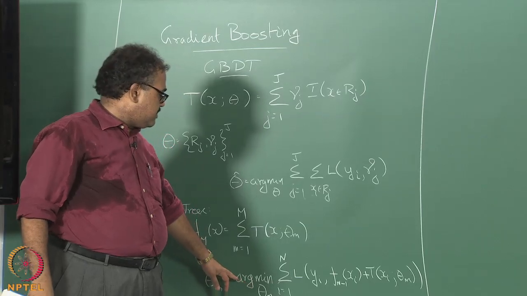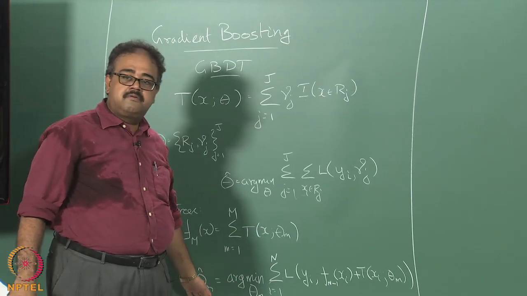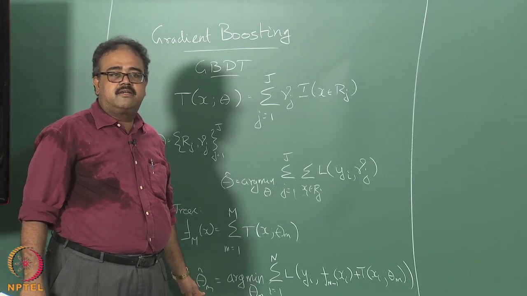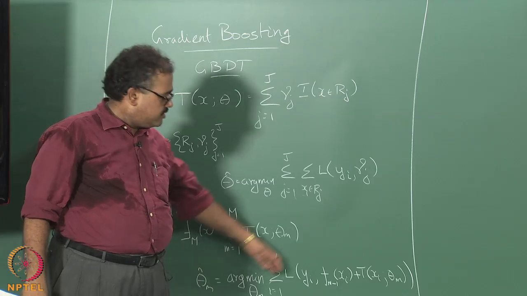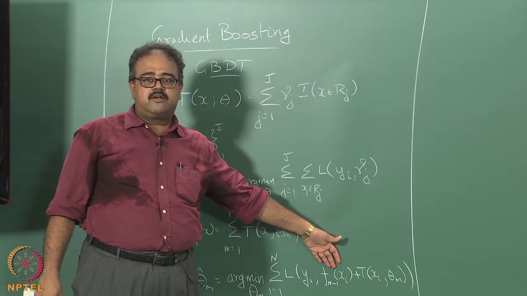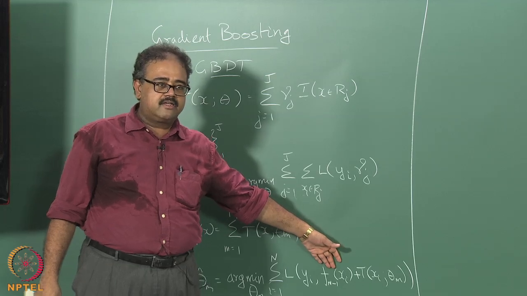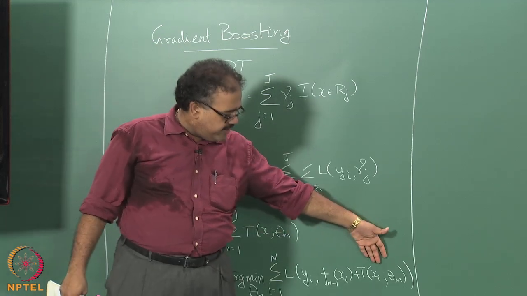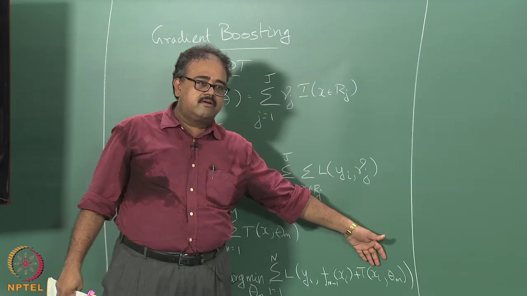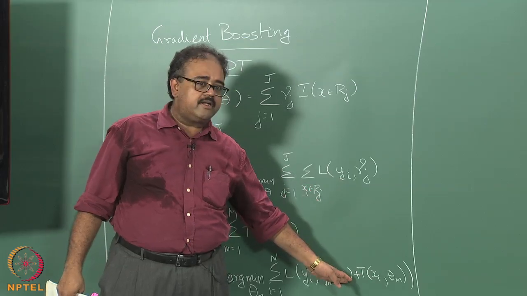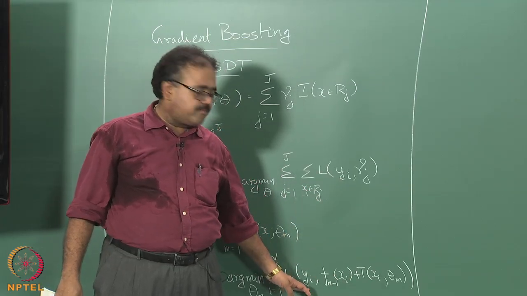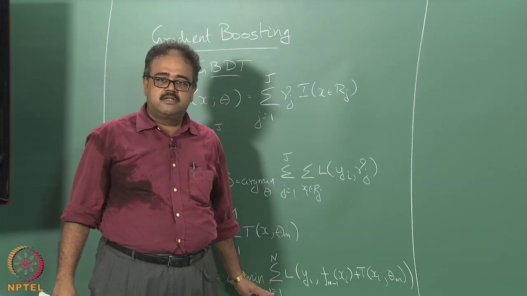So, this is essentially when I find the parameters for the mth tree. I am going to look at the predictor that is formed by the first m minus 1 trees, and then I am going to find that tree whose output I will add to this predictor, and use that for computing the loss.